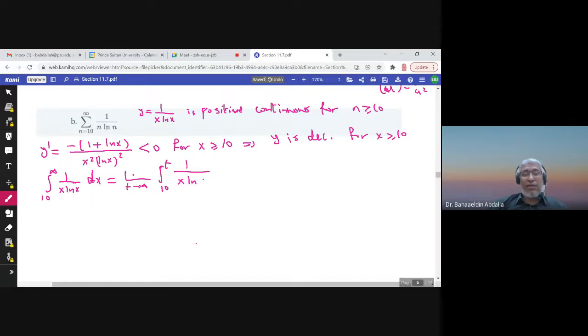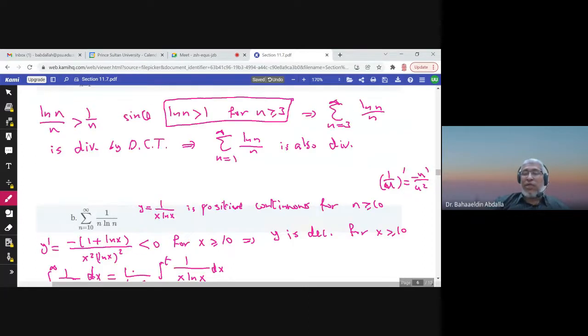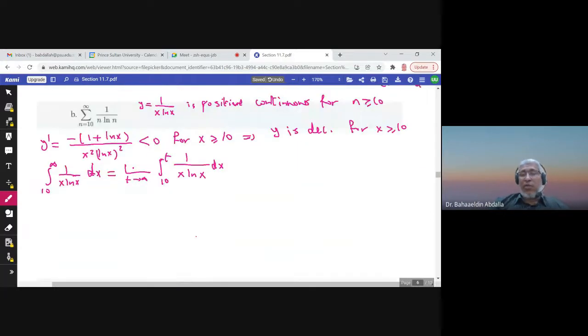x ln x, okay? And now how to find the integral of 1 over x ln x? Well, let us find it here. I call u = ln x. du would be 1 over x dx. So I'll have 1 over x dx is du, and I have 1 over u du.